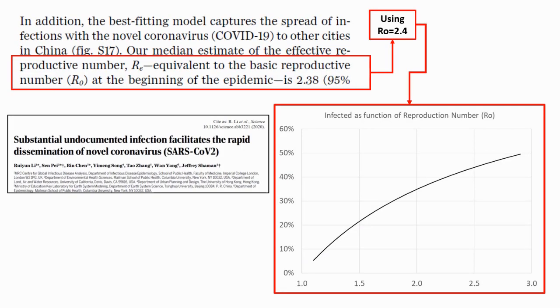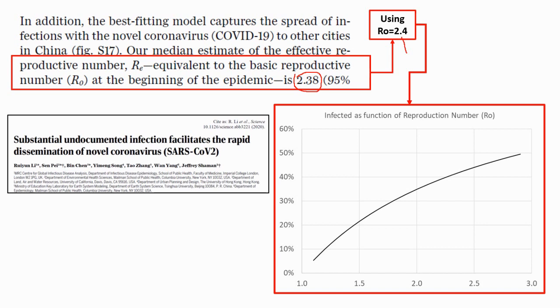So I went to the Wuhan study to keep it all in the same ballpark. The data, with their massive amount of data, they came up with 2.38, which I'm rounding off to 2.4.